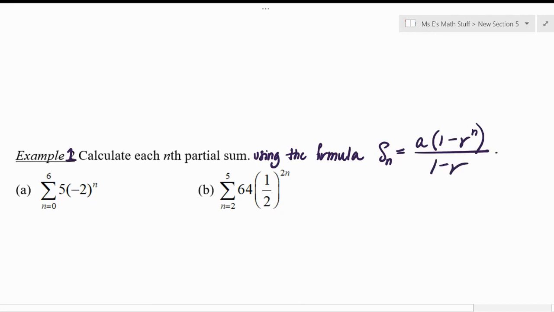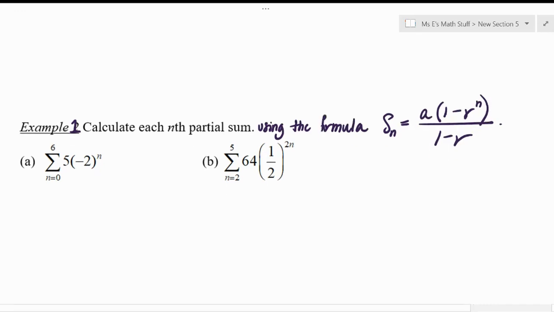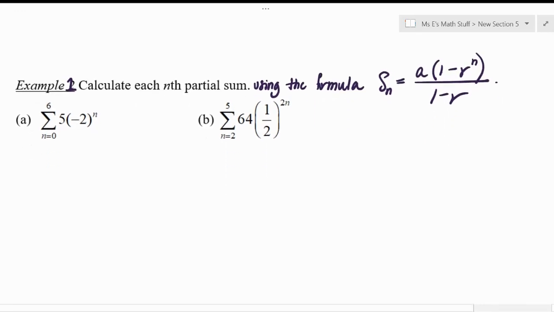Okay, and I know I just gave that to you. It's not the kind of formula I know how to lead people into. It is the kind of formula I can show you the proof for, which we'll do an example too. But let's have you practice getting the exact same answers we got in the warm-up, but this time by using this formula instead of expanding the terms out, okay?